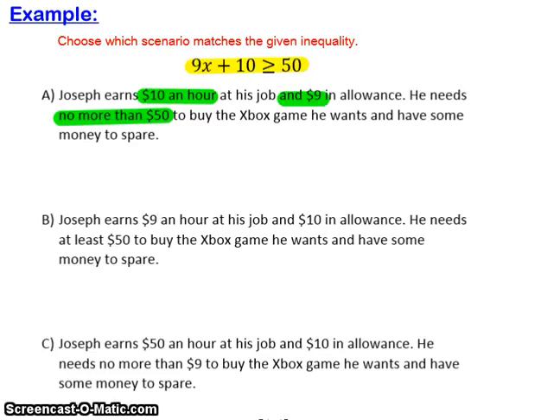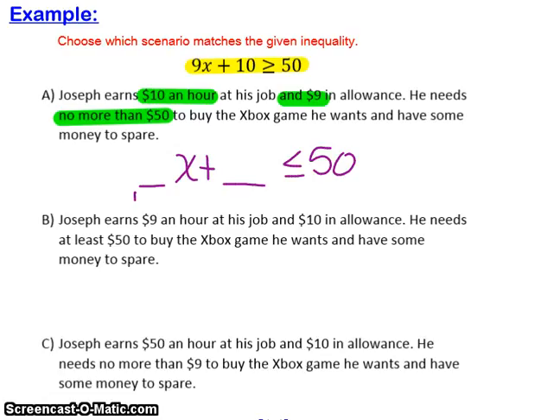So now I have to write an inequality. So I start off with my total. My total is 50. Remember that the biggest number is your total. No more than tells me that I don't want anything greater than 50. So I want a less than or equal to sign.